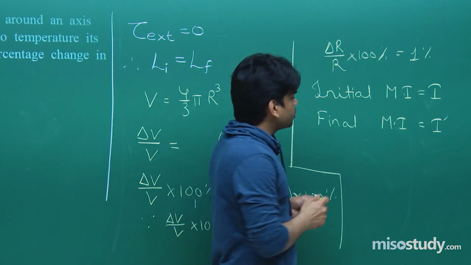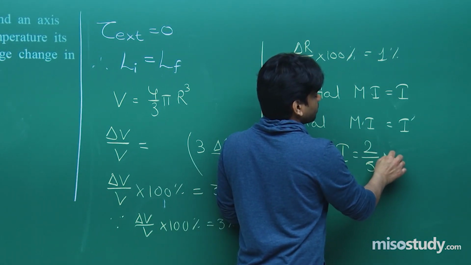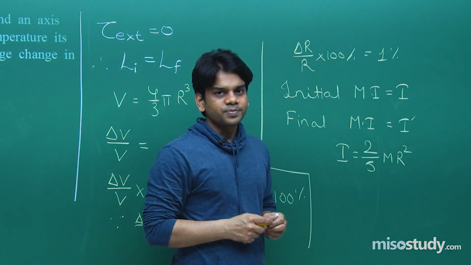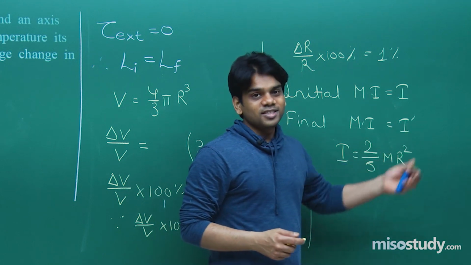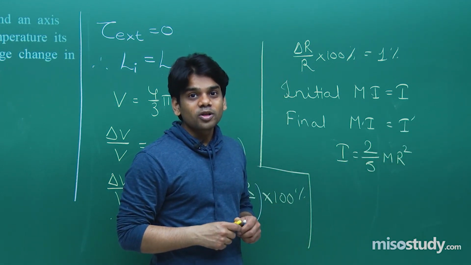Initial moment of inertia will be given as 2/5 mr², let's say its mass is m. This is what we know about the moment of inertia. Radius has changed by 1%. Let's see by what amount the moment of inertia will change.